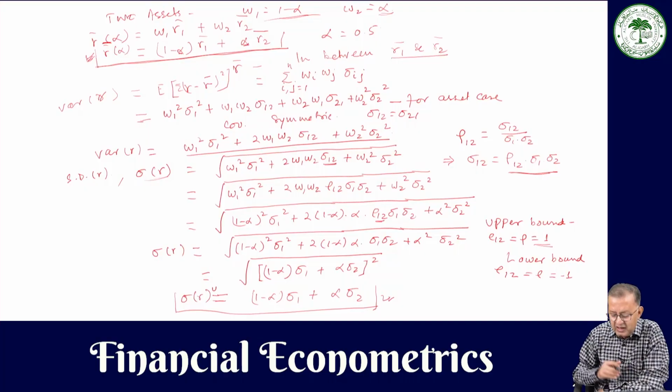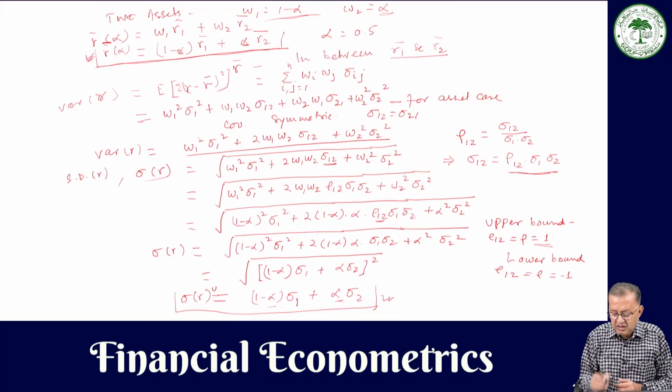So mean as well as sigma, they are linear combinations of alpha, or what you can say is that the mean rate of return is the weighted average of the individual rates of return, and the standard deviation for the asset as a whole is the weighted average of the standard deviations of the individual assets.